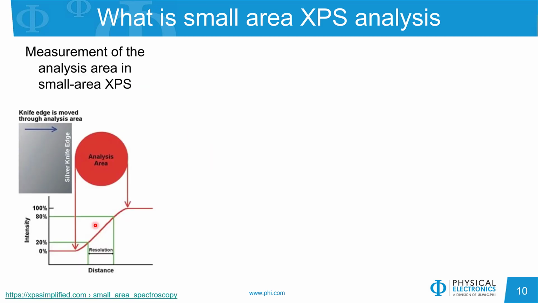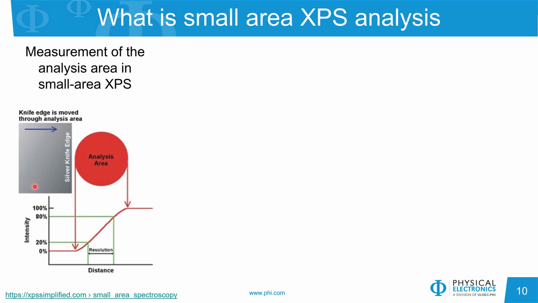It's really important for us also to understand how to measure analysis area. So we are defining our small area either by the lens approach or by the X-ray source, but what is it indeed? There is a common method that is being used. What we need for that is a sample with a really sharp edge. A silver knife edge sample works for this purpose.